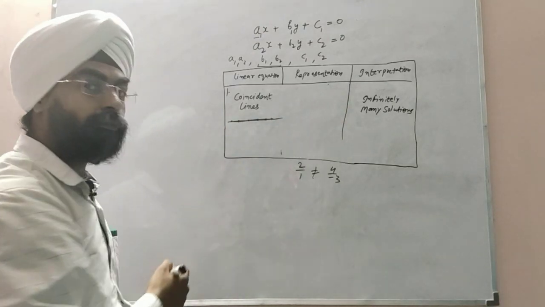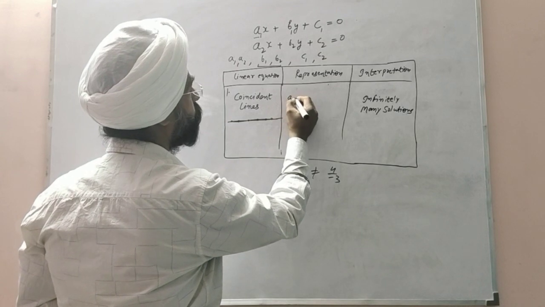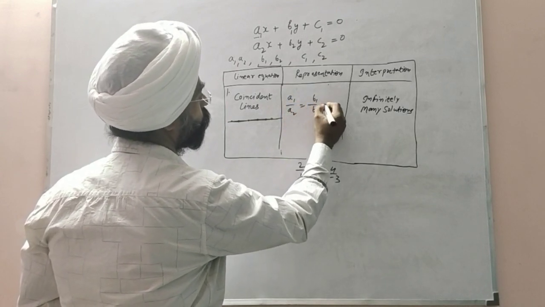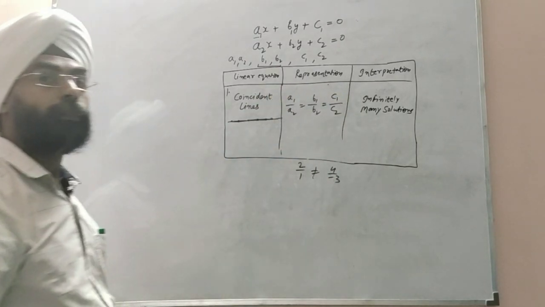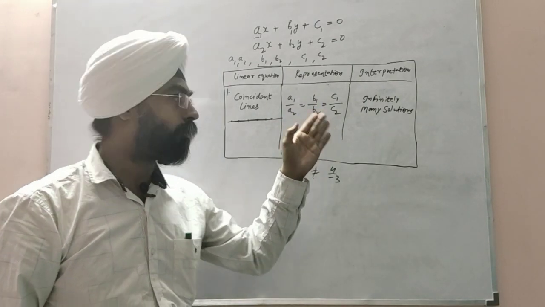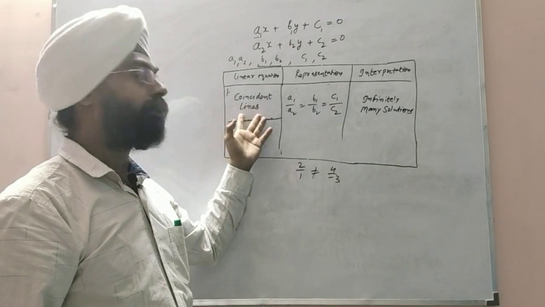So it will have many solutions. And for the representation, the formula is a1 upon a2 equal to b1 upon b2 equal to c1 upon c2. Simple. If all three ratios of the coefficients are equal, they will have infinitely many solutions and be coincident lines.